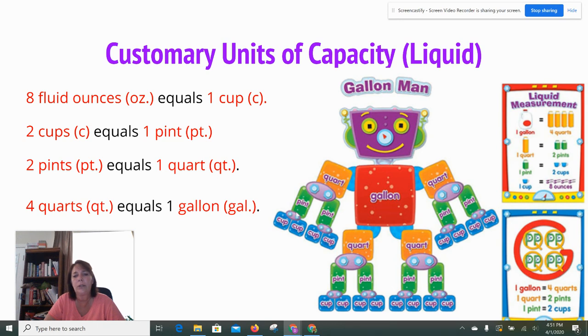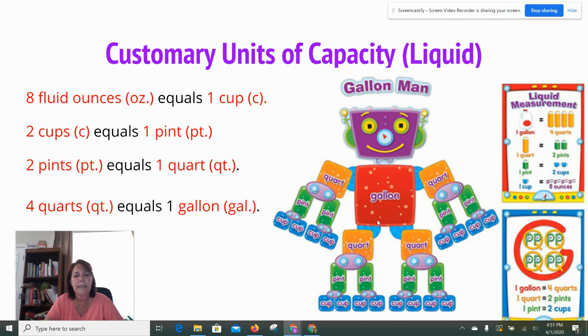So it takes 2 pints to make 1 quart. And then the quarts, those are like your shoulders and your knees. It takes 4 of those, and they're connected to the gallon. So it takes 4 quarts to make 1 gallon.